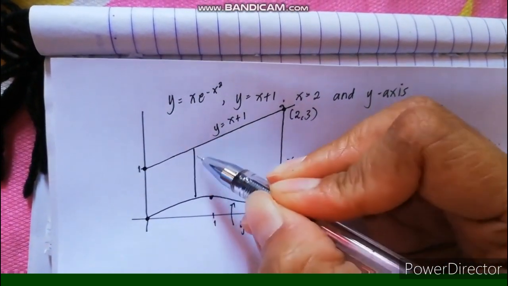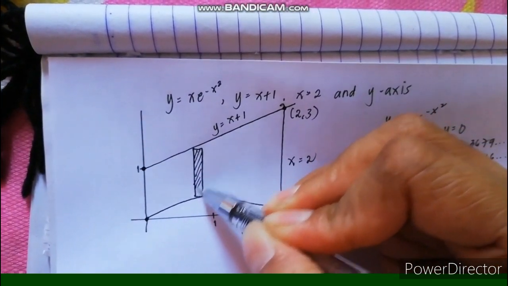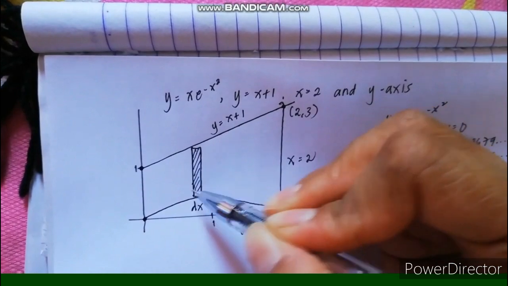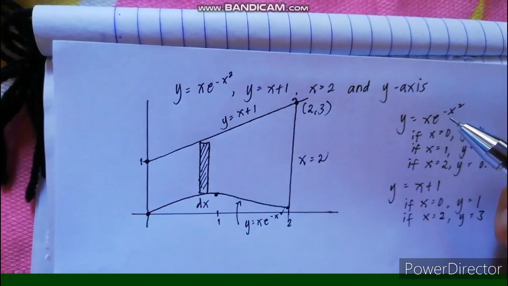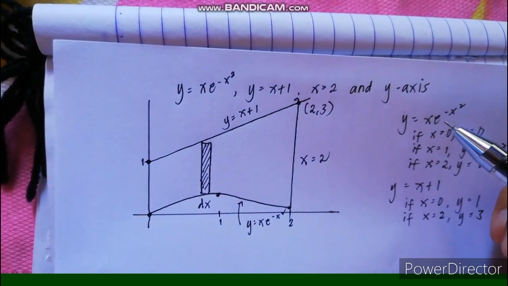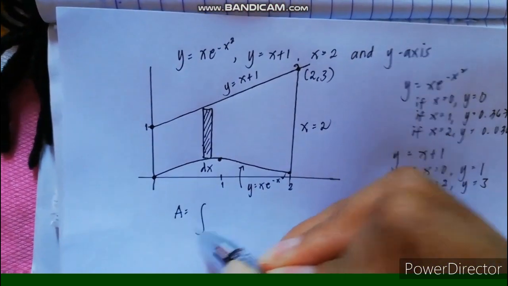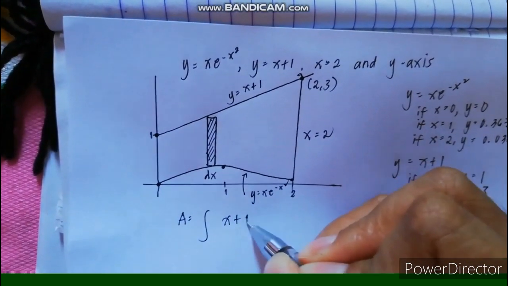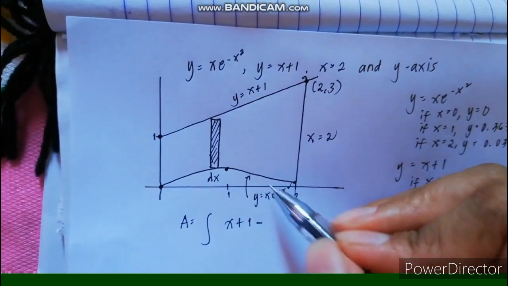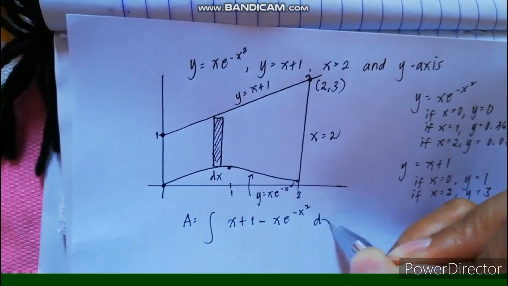We can draw the vertical strip. So that is dx. Then all equations that we must use must be in terms of x. So using the formula, area is equal to the integral of upper function x plus 1 minus lower function x e raised to negative x squared dx.